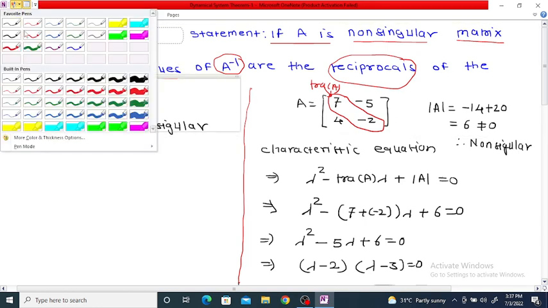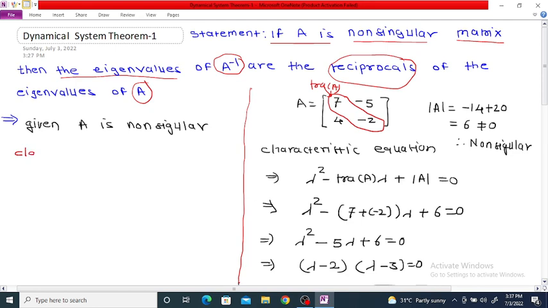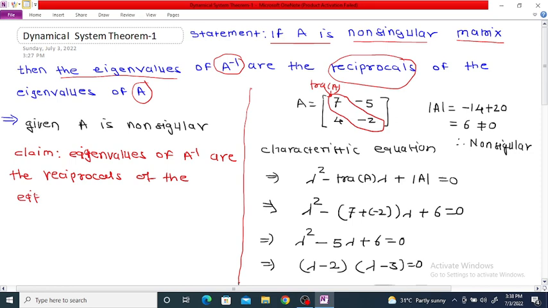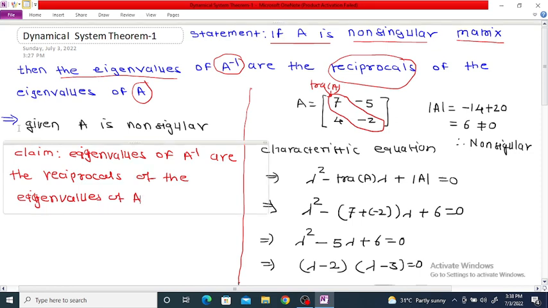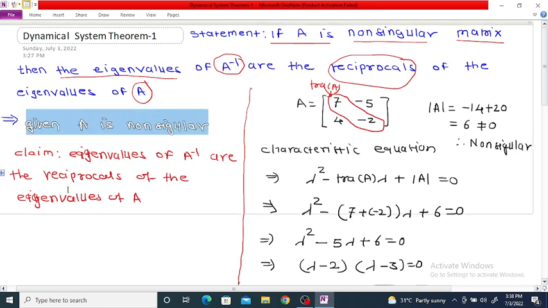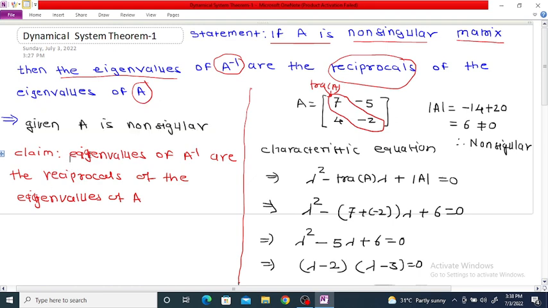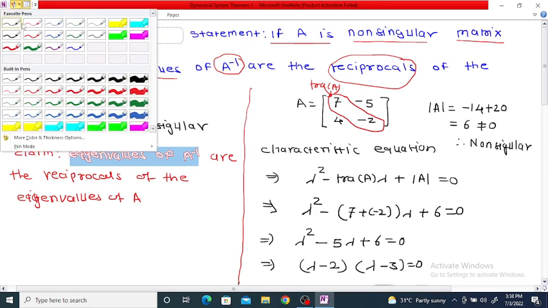Our claim is that the eigenvalues of A inverse are the reciprocals of the eigenvalues of matrix A. So given A is a non-singular matrix, our claim is the eigenvalues of A inverse are the reciprocals of the eigenvalues of A.